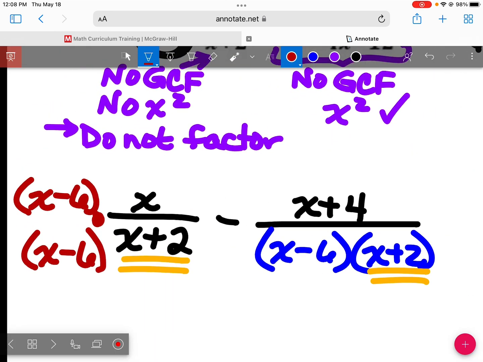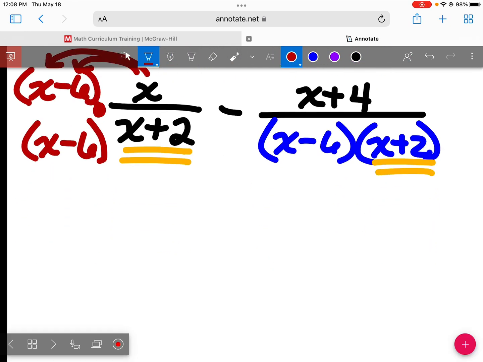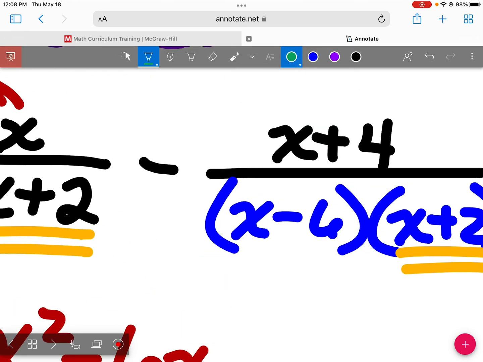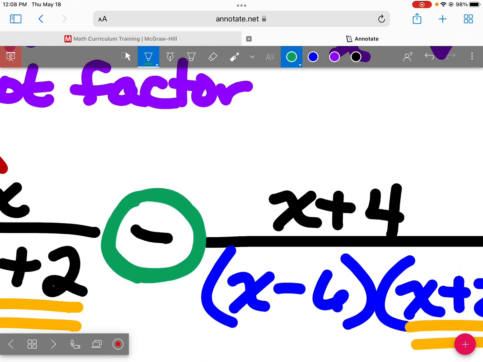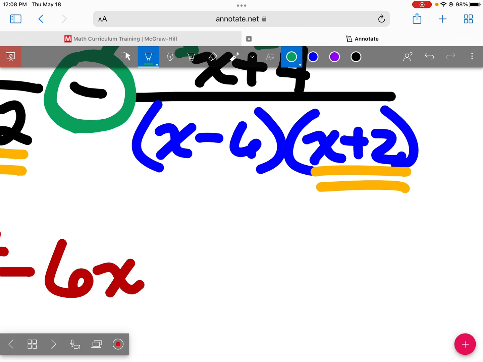So I have to take this x and distribute it to both of these pieces. So that gives me x squared minus 6x. Do you see this minus sign right here? The minus sign has to distribute to everything behind it. So minus x and minus 4.